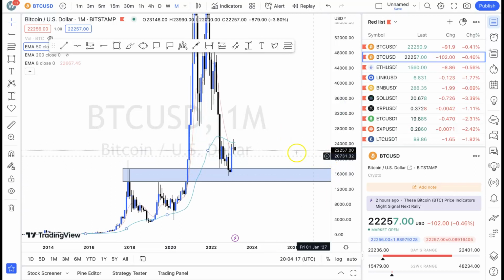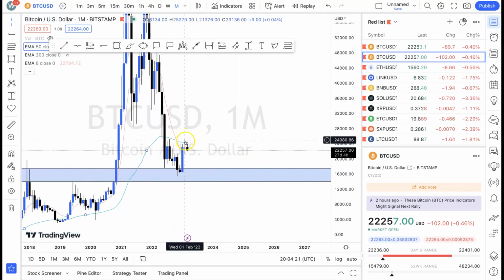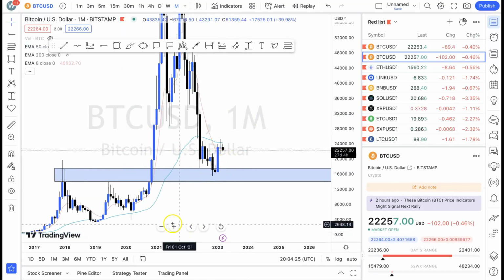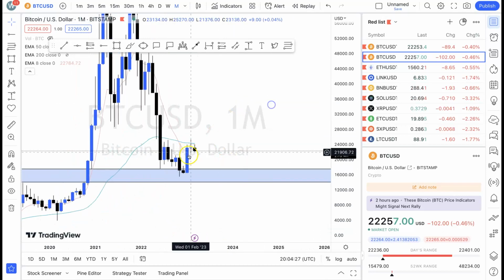But also the previous monthly candle closed more like a doji, right? So you can see that there was no advantage for both buyers and sellers, so it closed neutral here.